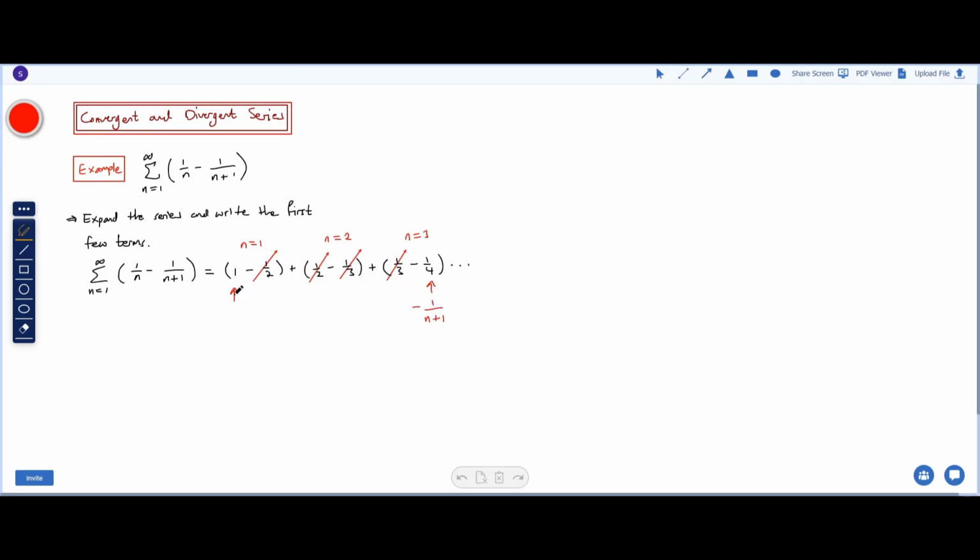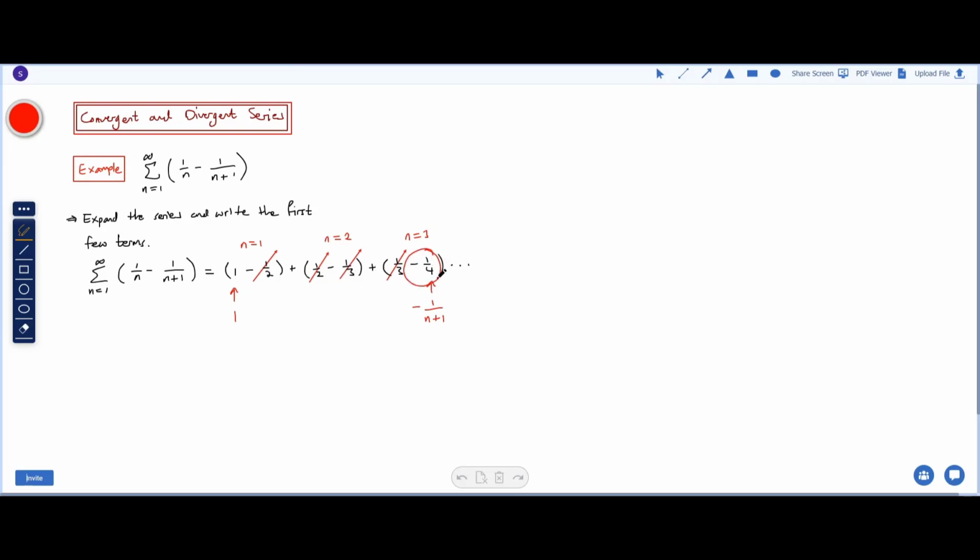So for the nth partial sum, whatever the value of n happens to be, you're going to end up with 1 minus 1 over n plus 1. Let me say that one more time. When you get up to some particular value for n, say n equals 3, all the other numbers have canceled out until that last value.